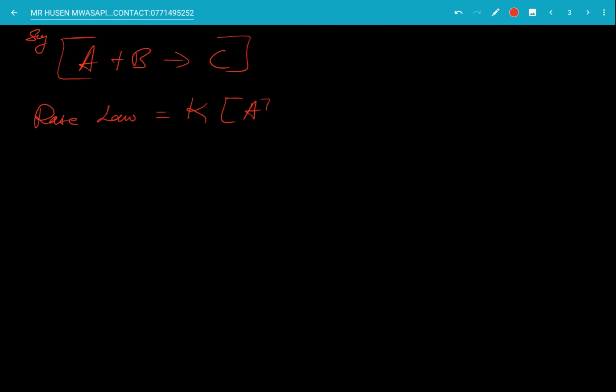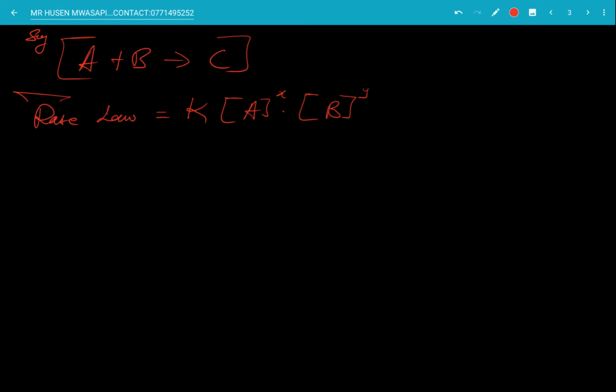Say we have a reaction such as A reacting with B producing C. If we want to determine the rate law of this reaction, we'll say that the rate law of the above reaction is equal to the rate constant times the concentration of A raised to X times the concentration of B raised to Y. If we had another reactant, we'd say times the concentration of the other reactant raised to another variable.